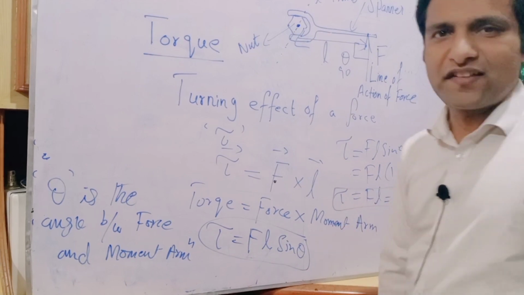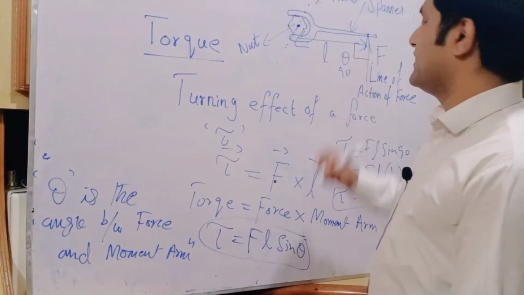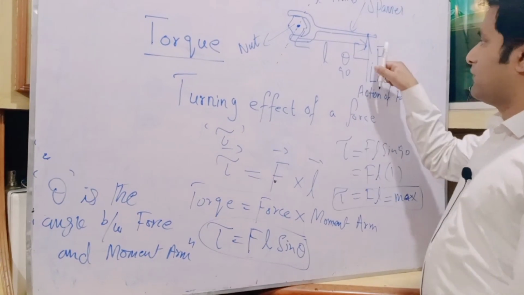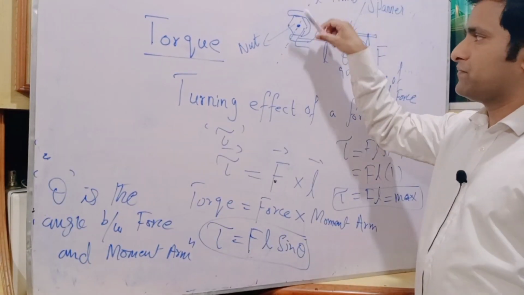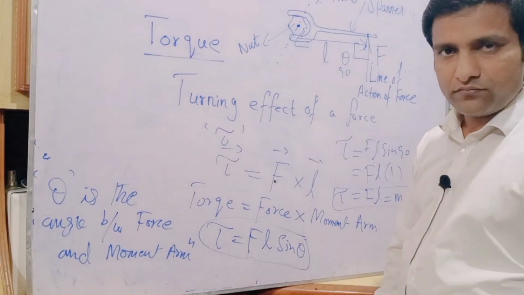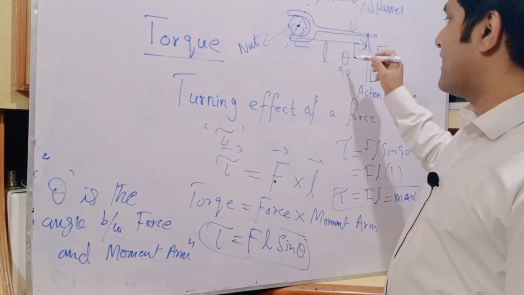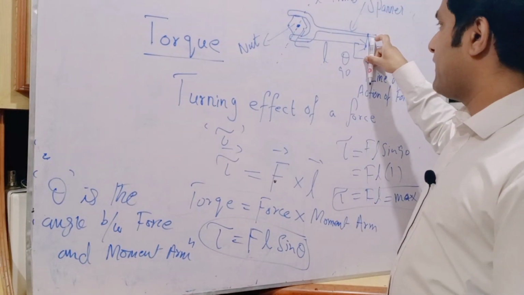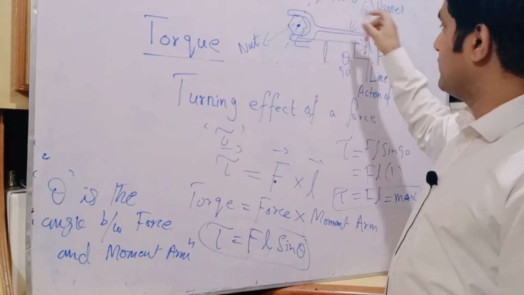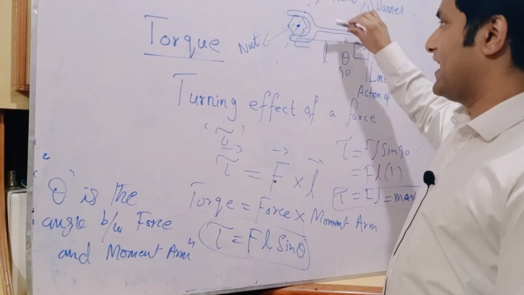So you get maximum torque when theta is 90 degrees, the angle between F and L, between the line of action of force and the moment arm.